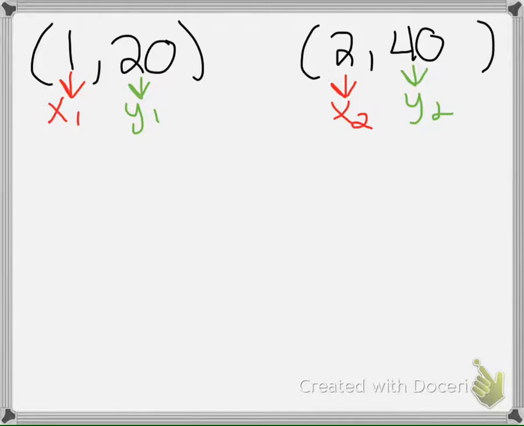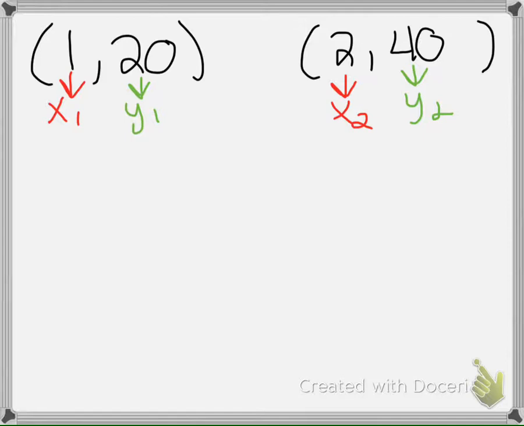So we have 1 is x1, 20 is y1, and then the next one is 2 is x2, and 40 is y2. I've seen some people do x1, x2, and then y1, y2. You have to remember that there's an x and a y coordinate.